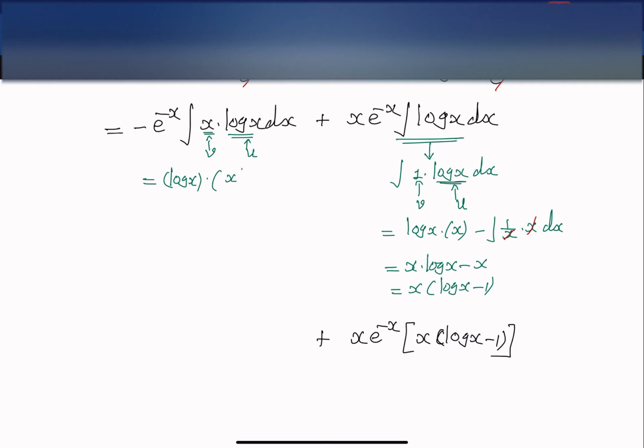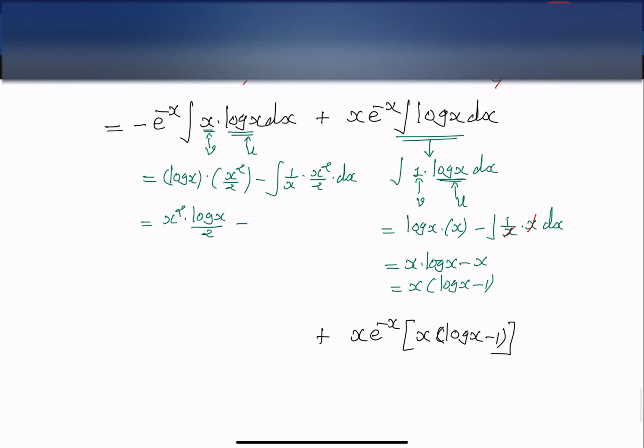What is integration of x? x square by 2, minus the integral of the derivative of u, that is the derivative of log x, times integration of v, x square by 2. So this is equal to x square log x by 2 minus, 1 upon x and x will be cancelled out, right?